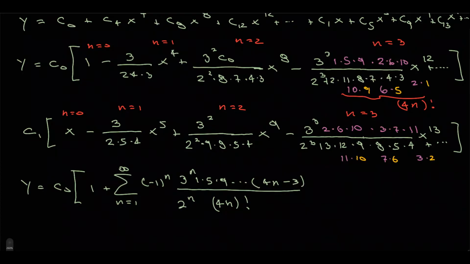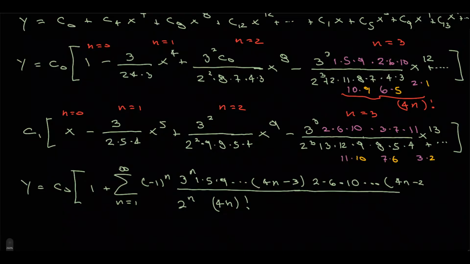Now, for the second increasing product, 2 times 6 times 10, these also differ by 4 units. Let me extend the line right here. That is 2 times 6 times 10, dot, dot, dot. That is also for n, but in this case, a minus 2, because for n equals 1, 4 times 1 equals 4 minus 2, that's going to take us to 2.